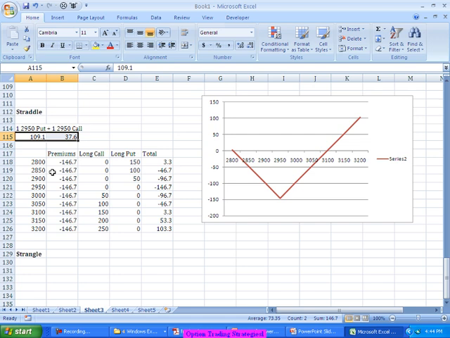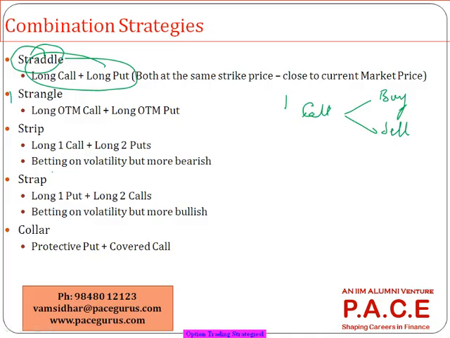The strangle strategy says, go for an OTM call and OTM put. Out of the money call and out of the money put. Out of the money call is something which has a very high strike price because its premium will be much lesser. Out of the money put is something which has a very small strike price.